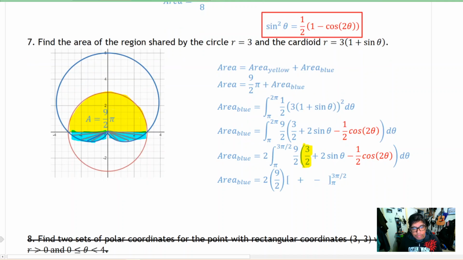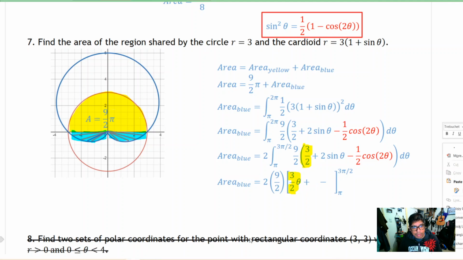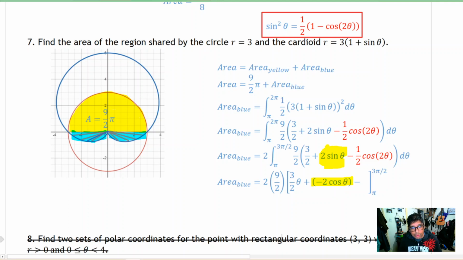So the antiderivative of 3 over 2, that's 3 over 2 theta. The antiderivative of 2 sine theta, that's negative 2 cosine theta. We'll keep the 1/2.